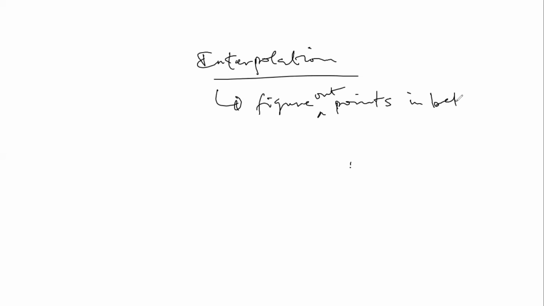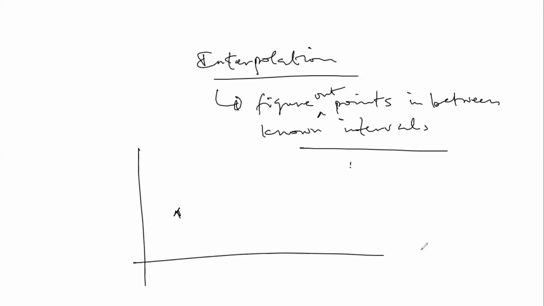In between known intervals. So the idea is that interpolation is a method used to estimate the values of a function for points that are not given. Let's assume I have a point here on this plane, then I have another point here.